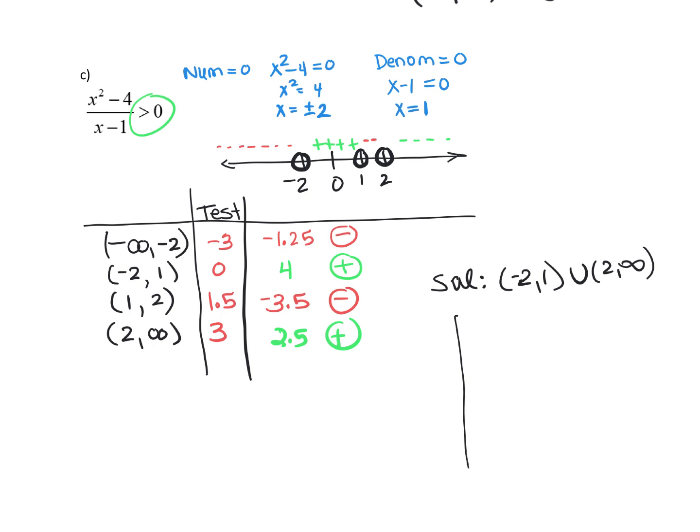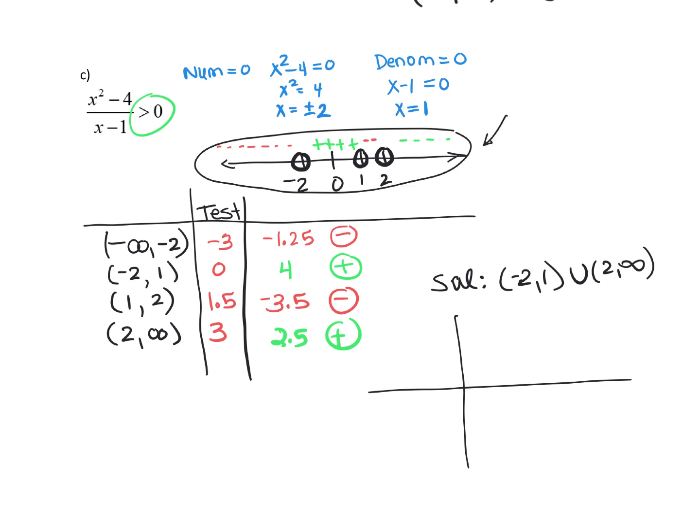When you're working in Delta Math, they may give you a sign chart such as this and ask you to graph the equation or inequality. Or actually, it would probably just be an equation. So if you know that at negative 2 it's 0, at 1 it's 0, and at 2 it's 0, you need only decide if it's going to be above or below.